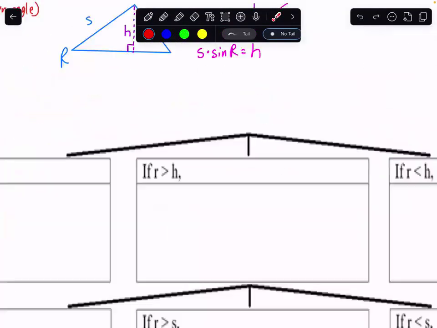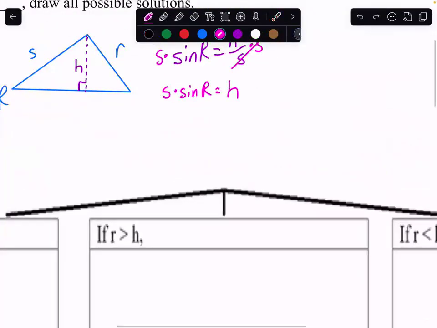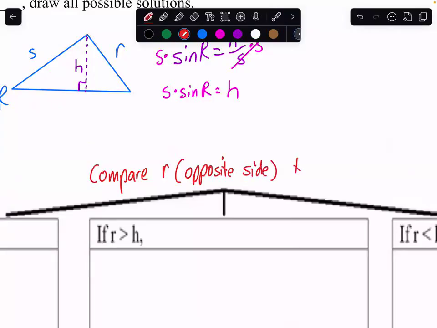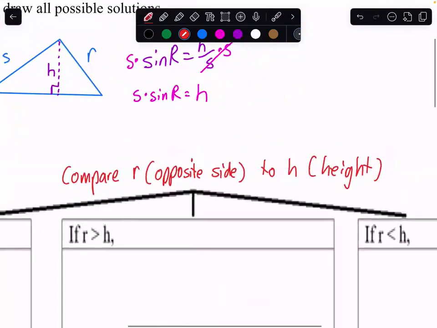So in this situation, the first thing you do is you compare lowercase r, the opposite side, to h, which is the height. So why are we doing this flow chart? It turns out that when it's SSA with the A acute, there's multiple different things that can happen with your triangle.